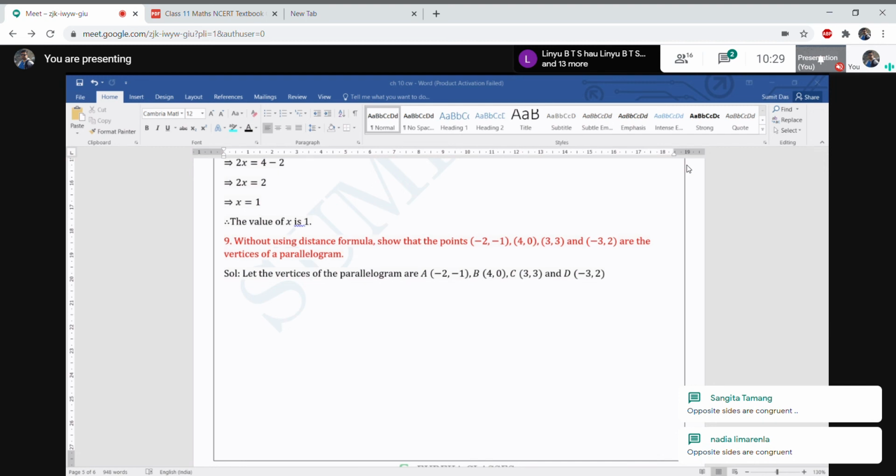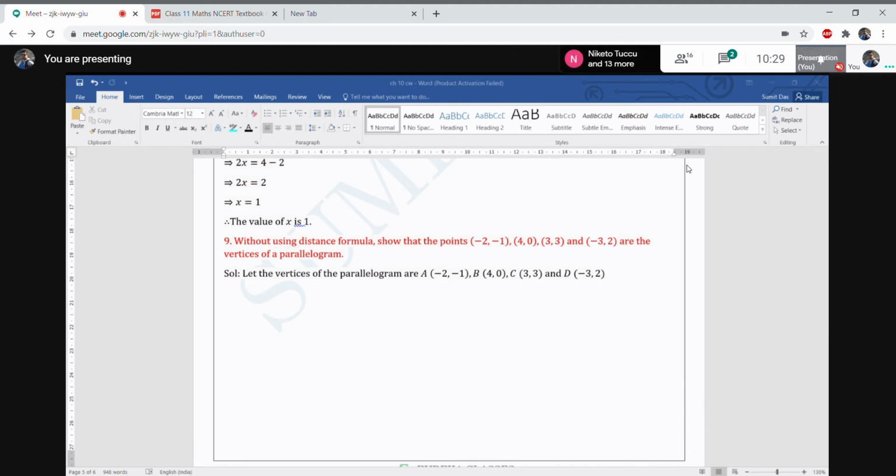Opposite sides are congruent. Okay, fine.